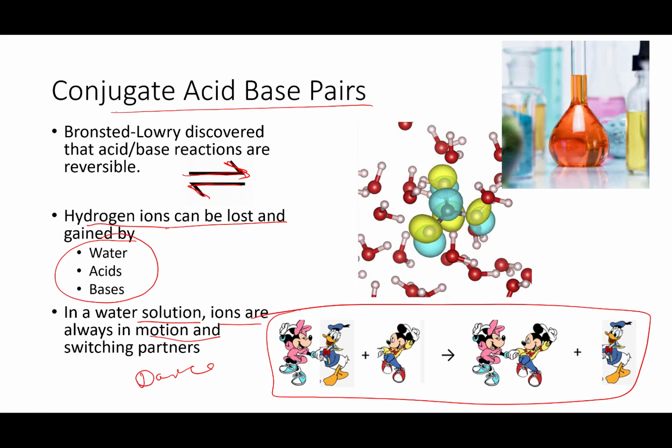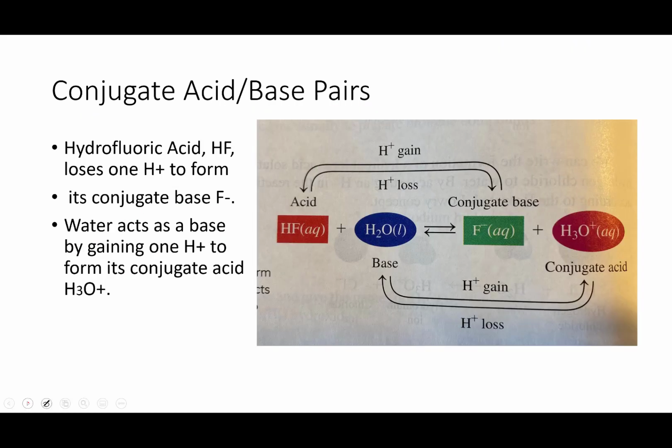It produces things that are called conjugate acid-base pairs. And it works like this. If you have something like hydrogen fluoride, or hydrofluoric acid, it is a Bronsted Lowry acid because it will donate a hydrogen to make a hydronium.